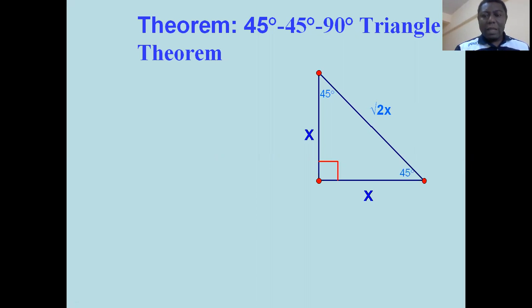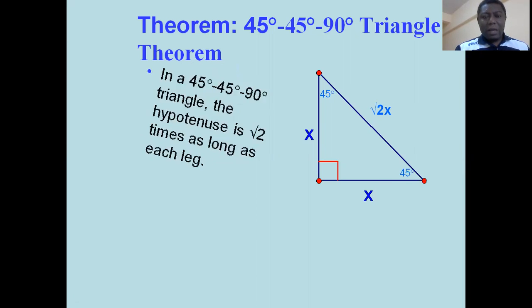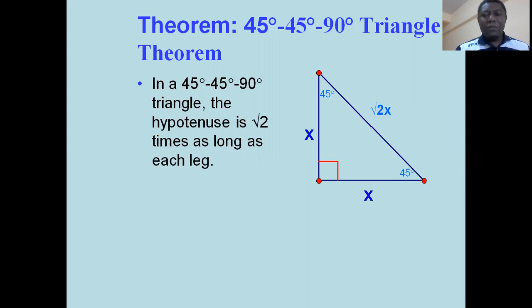So in a 45, 45, 90 triangle, the hypotenuse is the square root of 2 times as long as each leg. The hypotenuse is the longest line here.